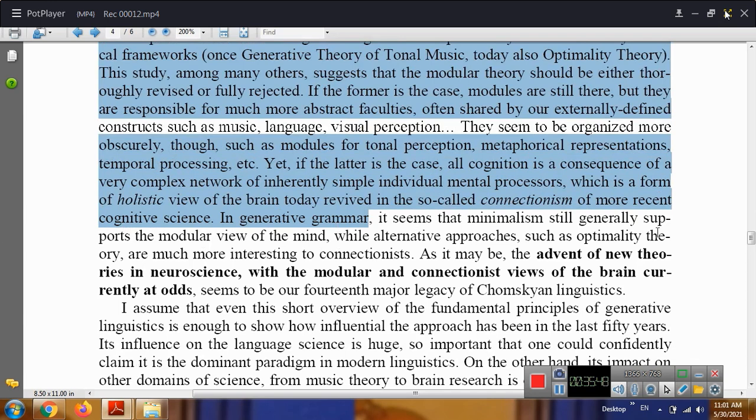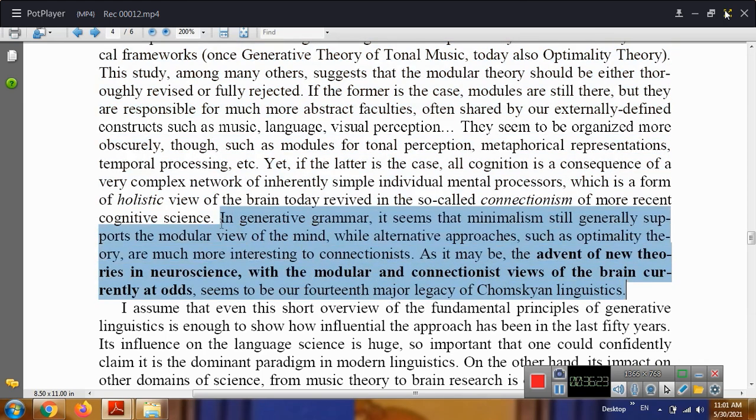In generative grammar, it seems that minimalism still generally supports a modular view of the mind, while alternative approaches such as optimality theory are much more interesting to connectionists. As it may be, the advent of the new theories in neuroscience with the modular and connectionist view of the brain currently at odds seems to be the 14th major legacy of Chomskyan linguistics.